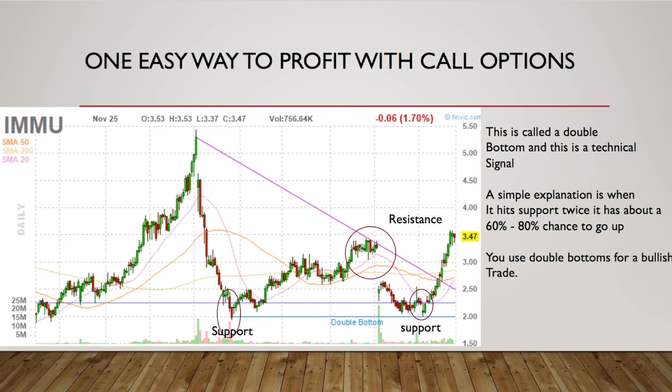In other videos, we're going to show you the same technical signal and explain a little bit more, but this is just a brief explanation. Once you see this signal in any other chart, it means there's a 60 to 80% chance that it's going to go up again to its resistance or even pass it. As you see here, it passed resistance.